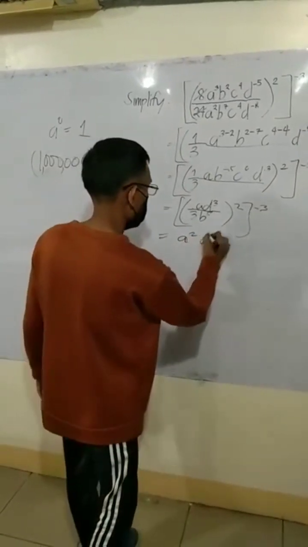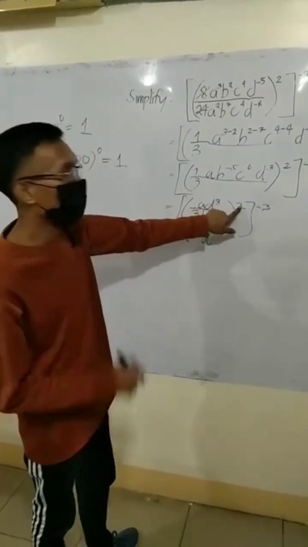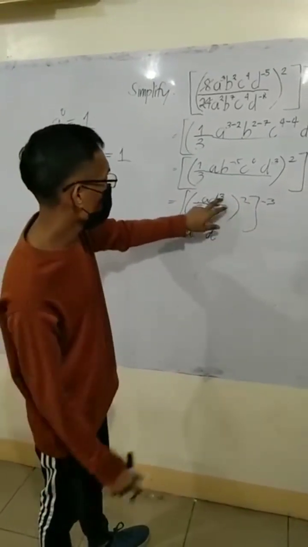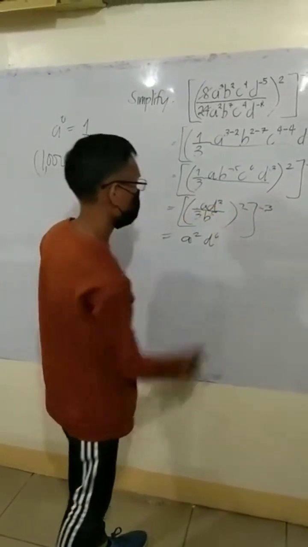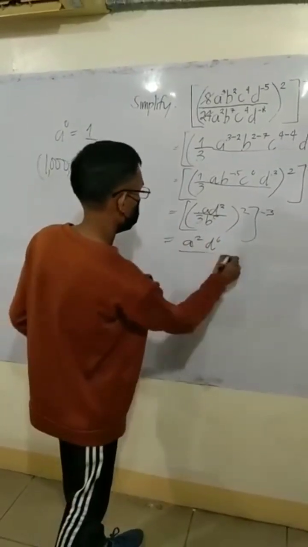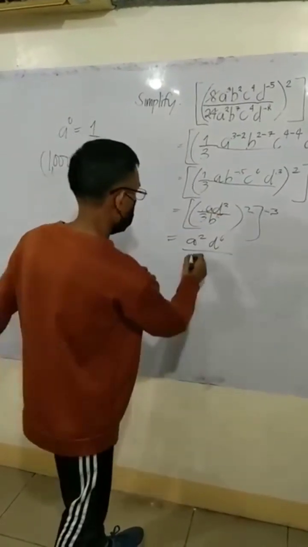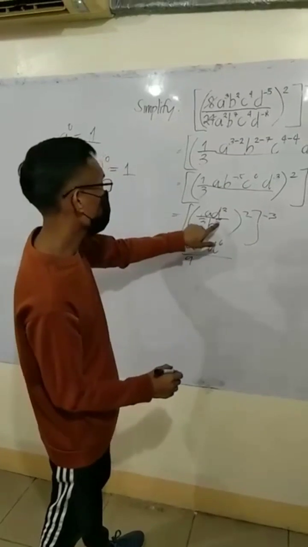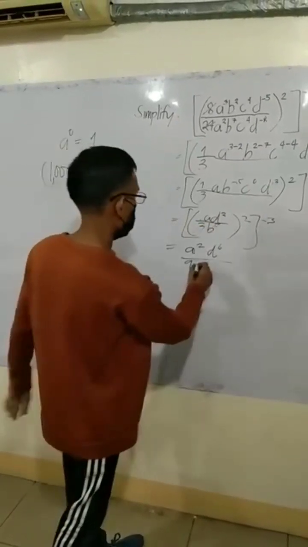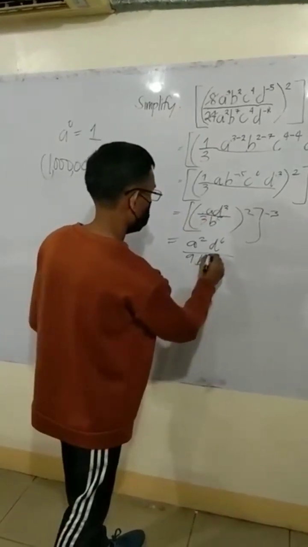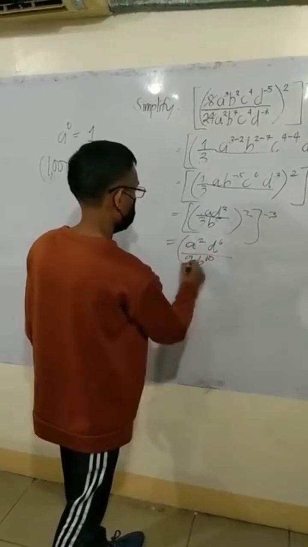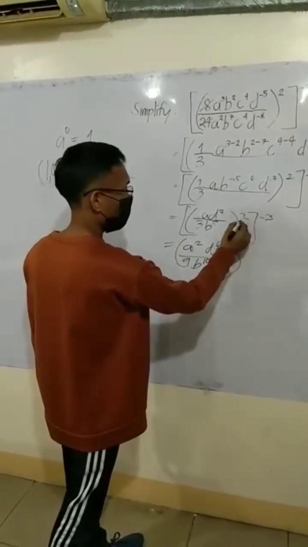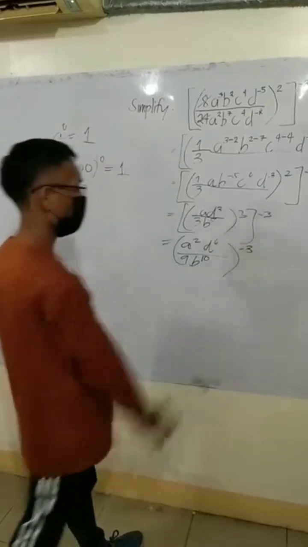And then d, 3 times 2, so we're going to multiply these two. So 3 times 2, that's 6. And then 3 squared, that's 9. b raised to 5 times 2, that's b to the 10. And then raised to negative 3.